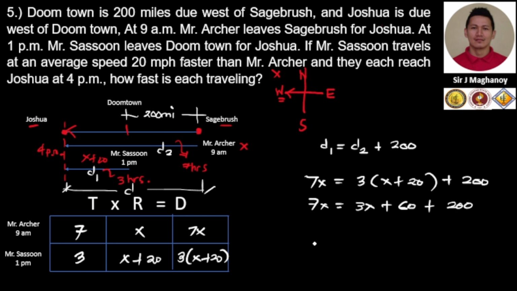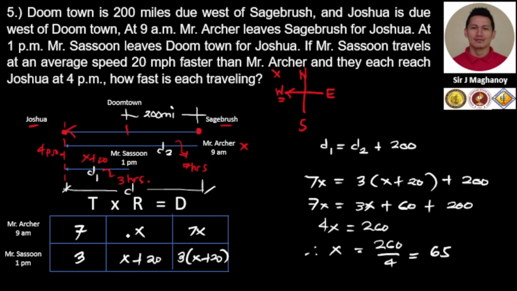Now we transpose 3x to the other side, it will become 4x, then 200 plus 60 is 260. Therefore, x is equal to 260 over 4, which is 65.